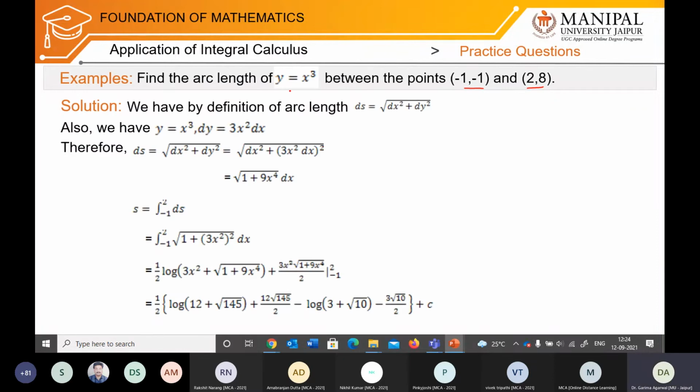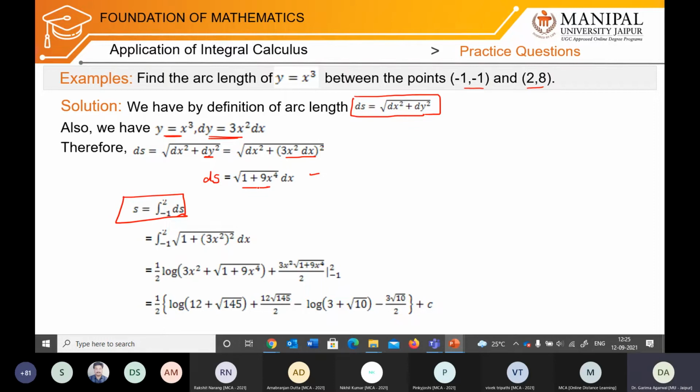Now we know that the value of ds is root of dx square plus dy square, where y is x cube. So the value of dy is 3x square dx. If we substitute dy, it will be 3x square dx whole square, and if I take dx square common, it will convert into this term. So this is the value of ds. This is the formula of arc length, integration of ds.